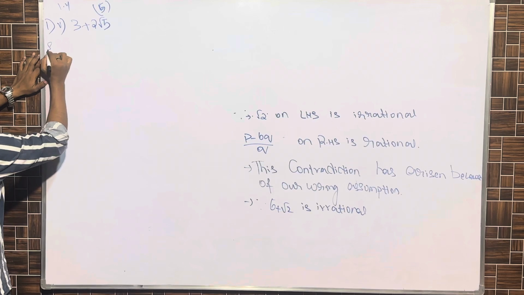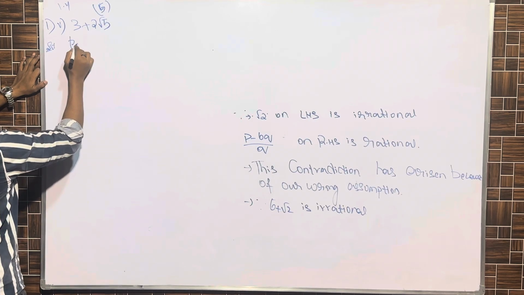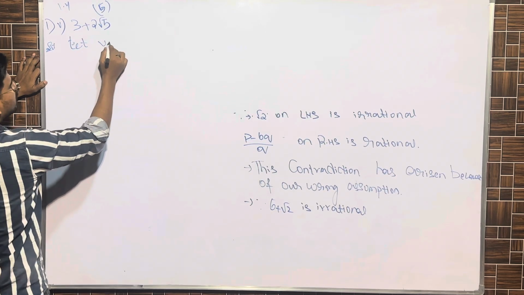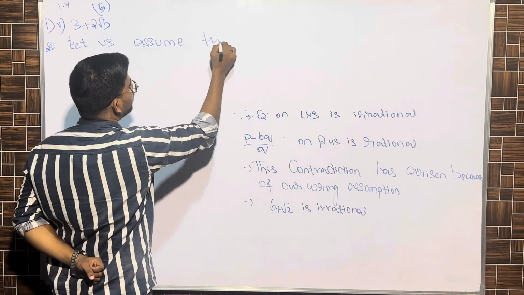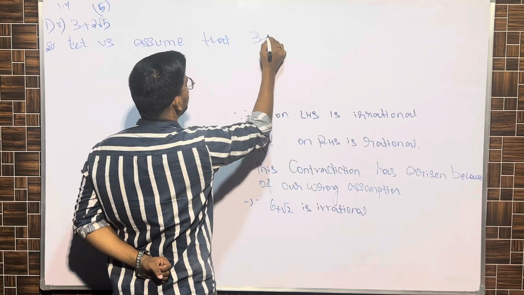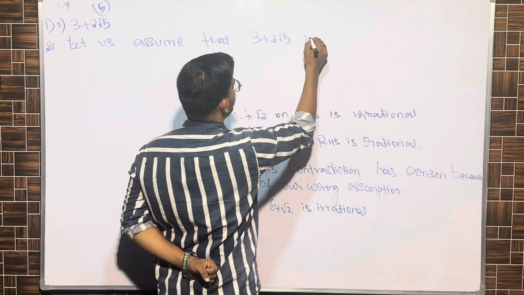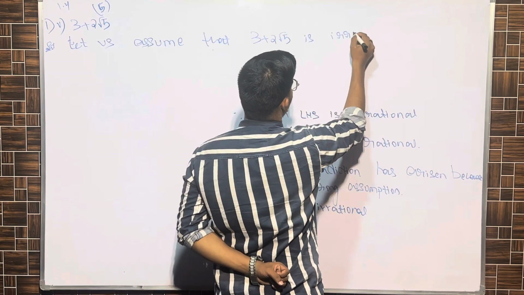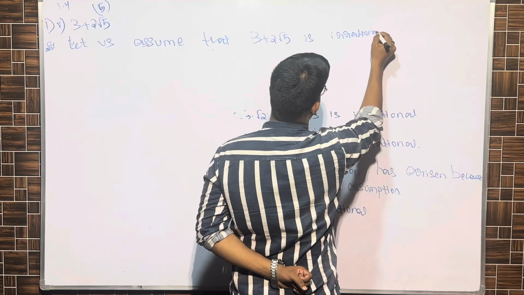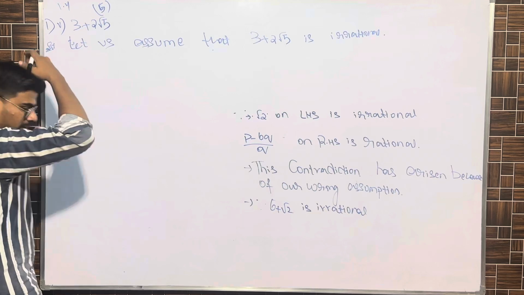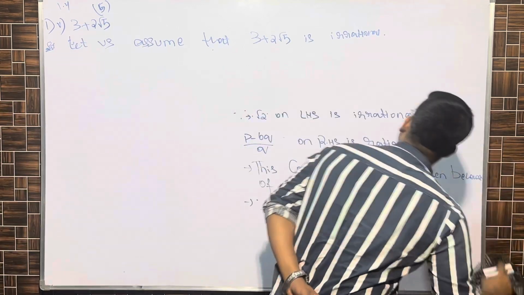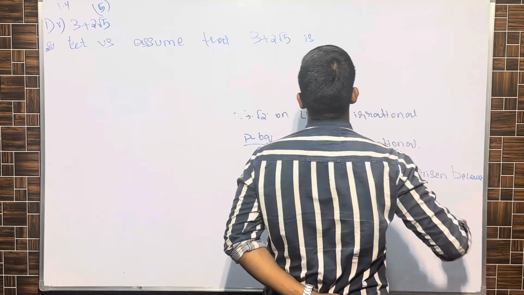Alrighty. Chalo, solution. What is it? Let us assume that 3 plus 2 root 5 is rational.